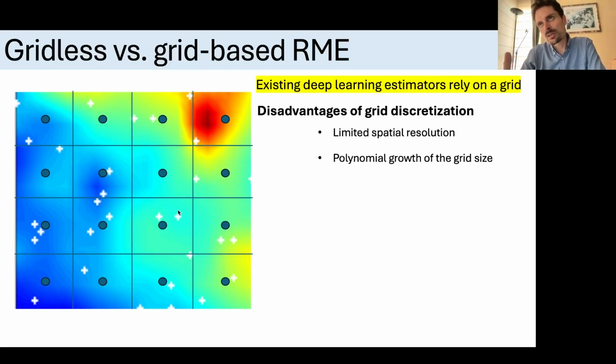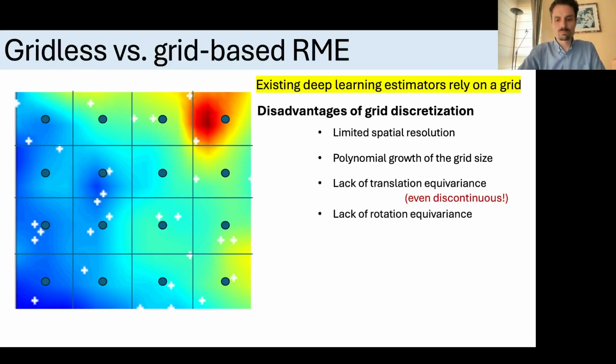Think, for example, of a 3D grid. There, if we decrease the grid point spacing by a factor of 2, then the number of grid points will increase by a factor of 8. That will eventually result in a significant increase in computational complexity. So in other words, with grid-based approaches, the spatial resolution that we can achieve is limited by the available computational resources.